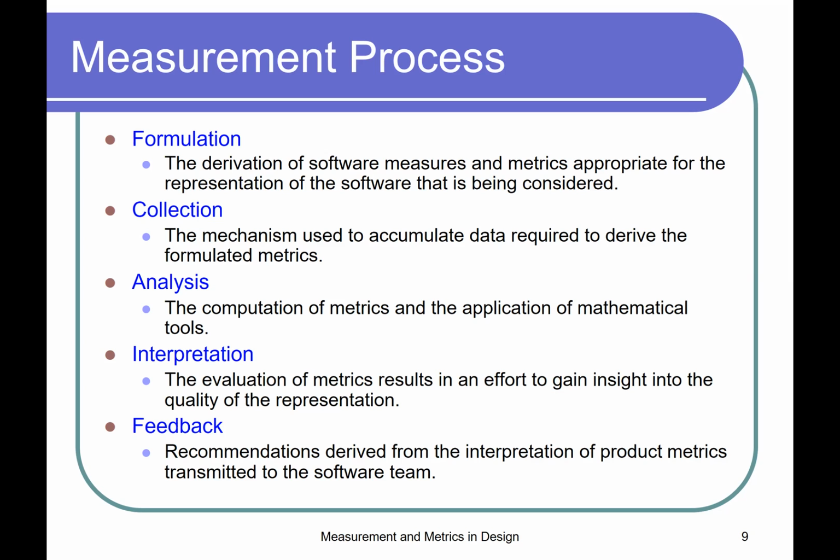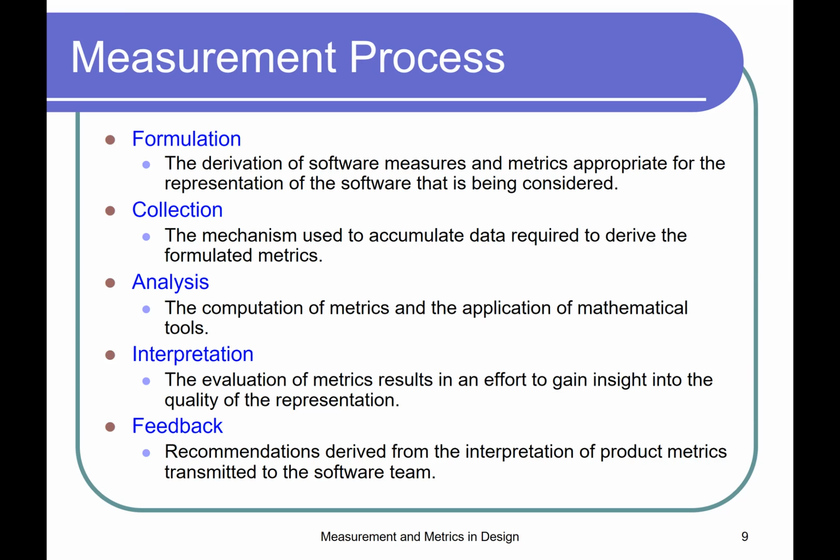So this is a formulation, the derivation of software measures and metrics appropriate for the representation of the software that is being used. I have this software. I say that, for example, the number of lines of code is an indication of how big that software is, but how big that software is is also an indication of its complexity, and its complexity affects my understandability, and my understandability affects my maintenance and my reusability.